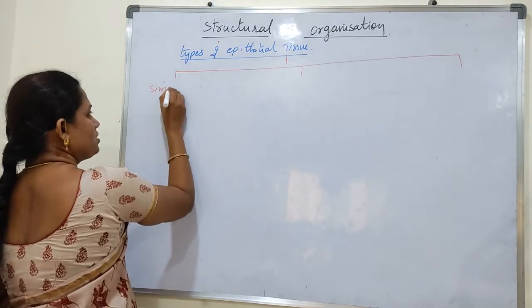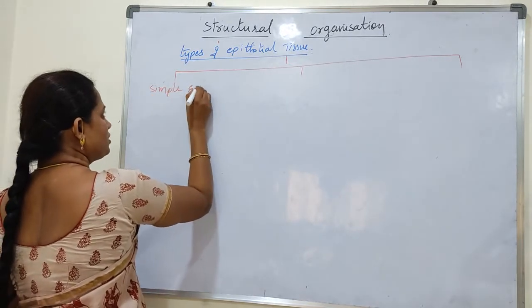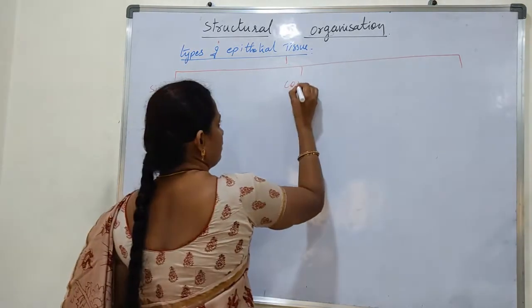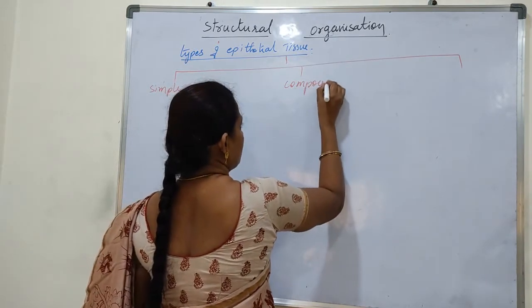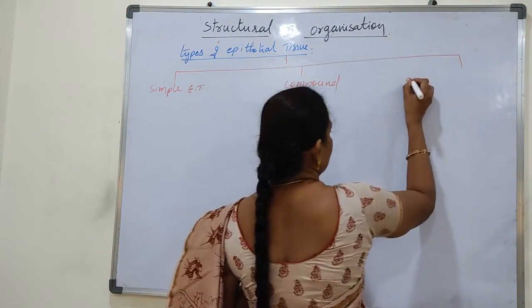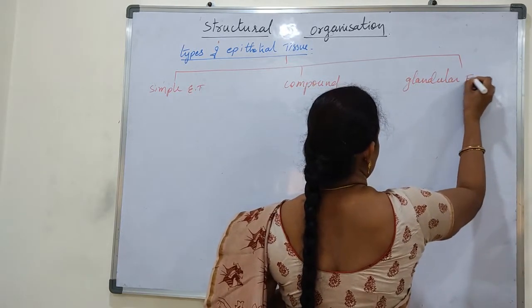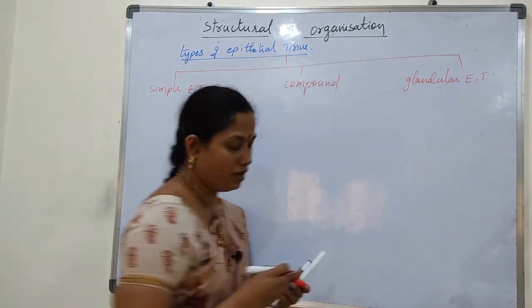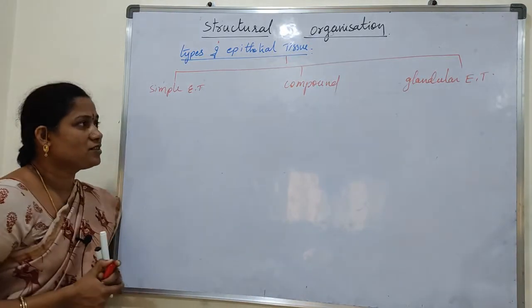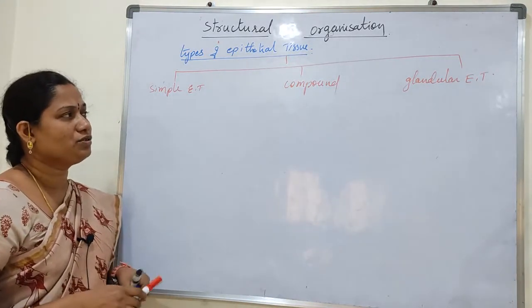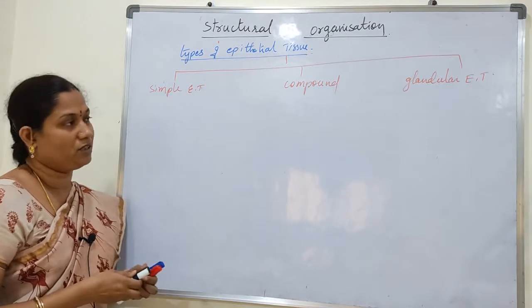First one, simple epithelial tissue. Second one, compound epithelial tissue. Third one, glandular epithelial tissue. Simple epithelial tissue, compound epithelial tissue, glandular epithelial tissue.